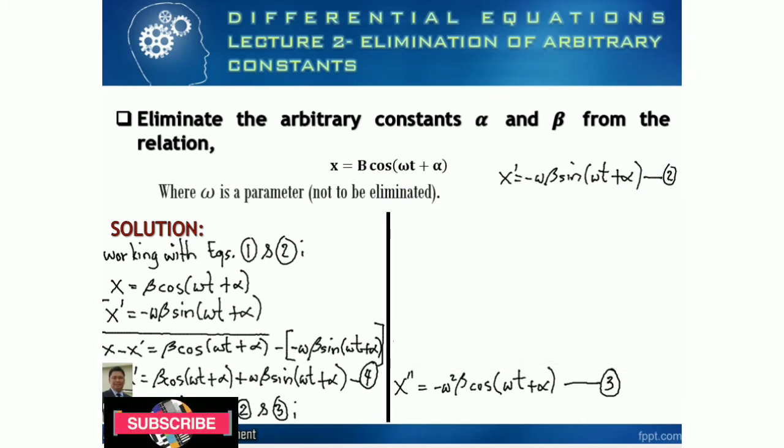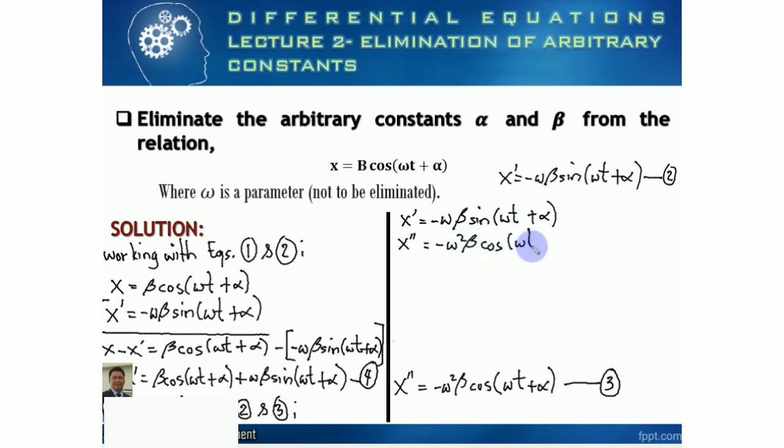We will write first the equation 2 here, which is x prime equals negative omega beta sine of omega t plus alpha. And your equation 3 is x double prime equals negative omega squared beta times the cosine of the quantity omega t plus alpha.